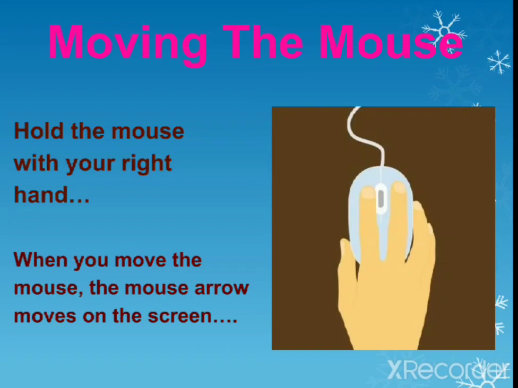The arrow, which we call the mouse arrow or cursor, also moves to the right side. If we move the mouse to the left side, the cursor also moves to the left side. As you move the mouse in any direction, the cursor will also move in the same direction. So this is moving the mouse.